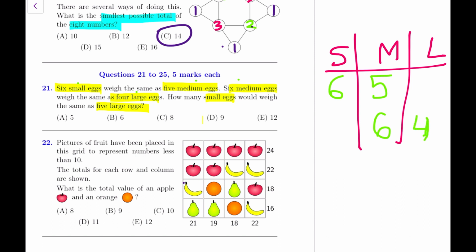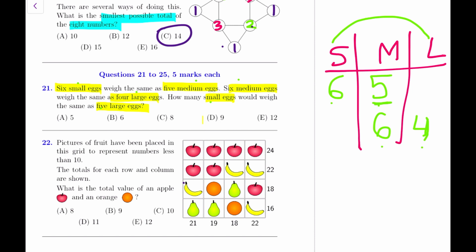Now, in the question, they're asking us a relationship between the small eggs and the large eggs. We don't have a direct link, but we have a link between small and medium, and we also have a link between medium and large, and we can manipulate the numbers to find the link between small and large. Now, 6 small equals 5 medium. 6 medium equals 4 large.